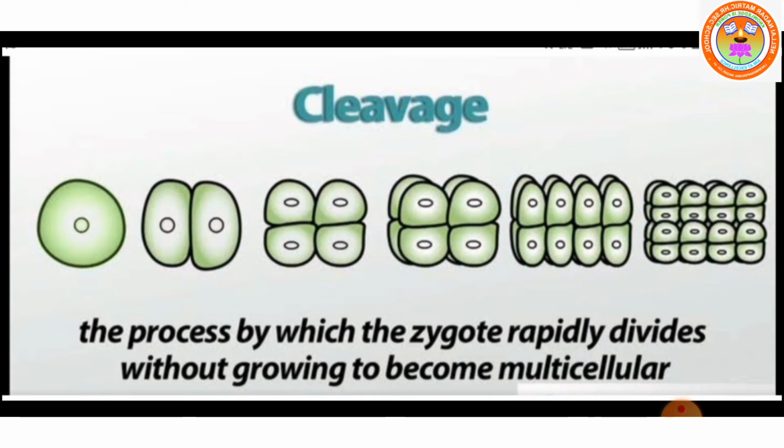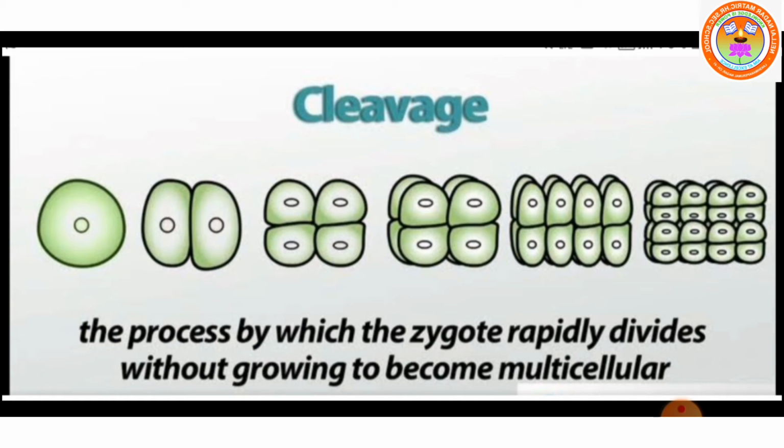So what is cleavage? It is the repeated mitotic division of the zygote resulting in an increasing number of cells. The daughter cells generated by this division are termed blastomeres. The process begins soon after fertilization and continues as the zygote moves down the uterine tube.